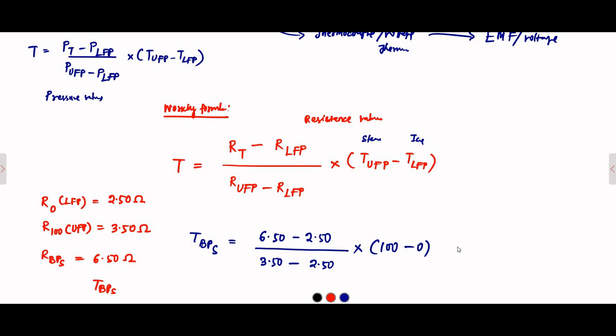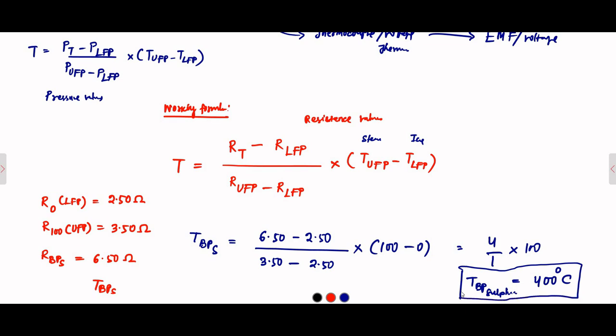So this is equal to, 6.5 minus 2.5 is 4, 3.5 minus 2.5 is 1, 100 minus 0 is 100. So it is equal to 400 degree Celsius. So the temperature of boiling point of sulfur is equal to 400 degree Celsius.